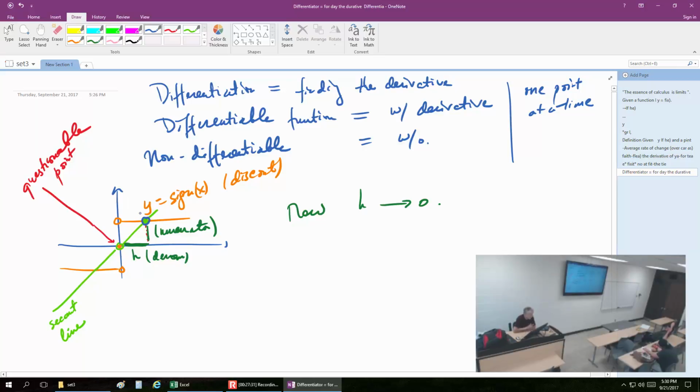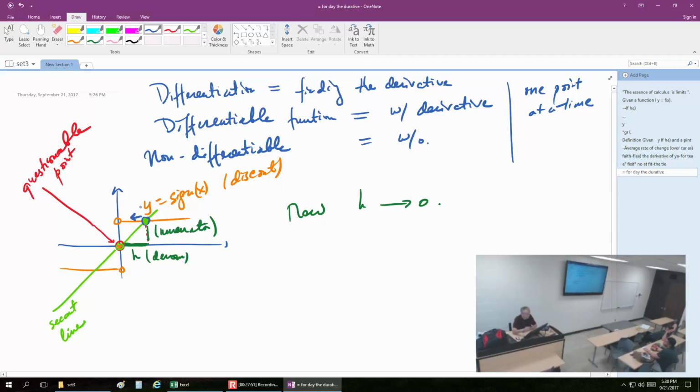One point is the red point in the middle. The other point is the blue point. It remains on the graph, but it's moving. That point at the top is moving this way.